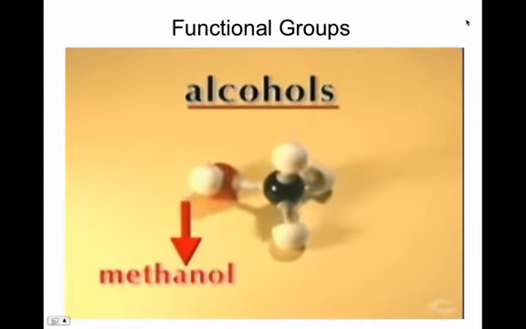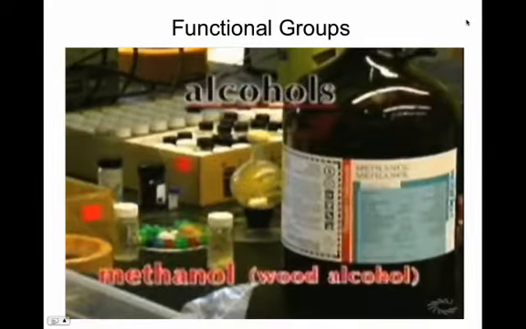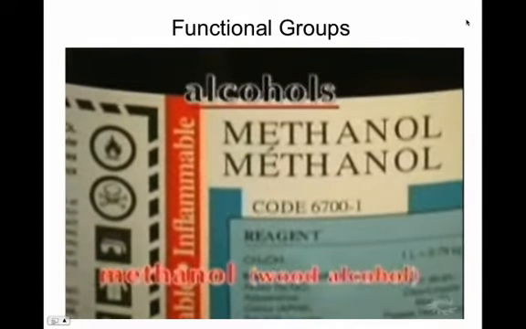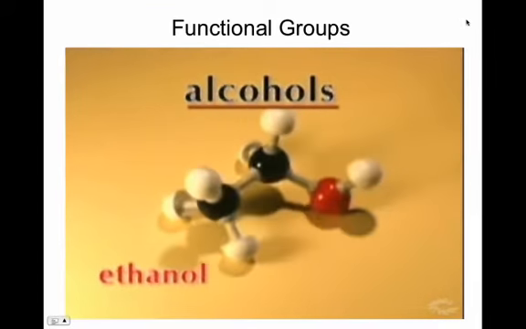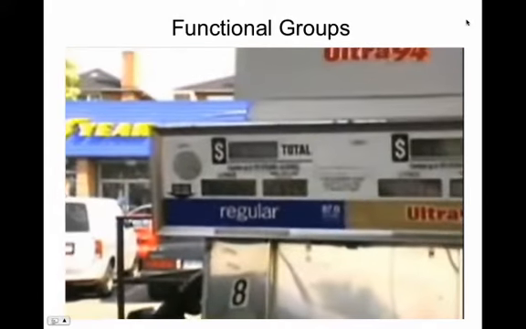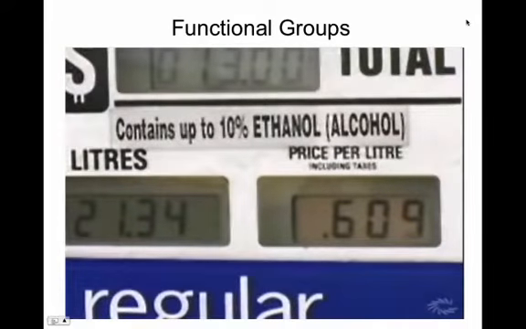An signifies a single bond, and ol, an alcohol. Methanol's other name is wood alcohol. It is a dangerous substance that can be lethal or cause blindness to those that drink it. There are many different types of alcohols. Beer and wine contain ethanol, the same type of alcohol that can be blended with gasoline to produce a clean-burning fuel for cars.